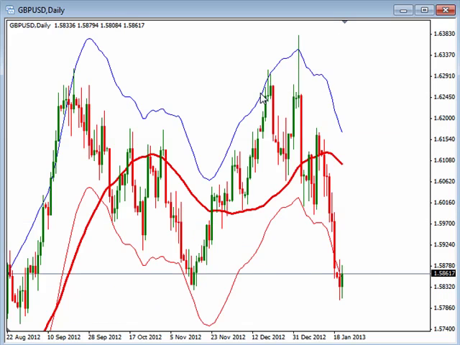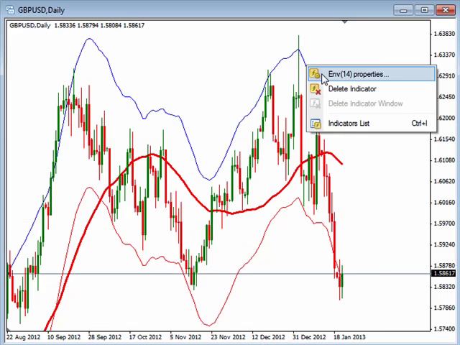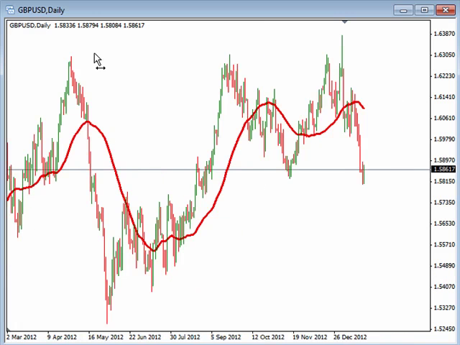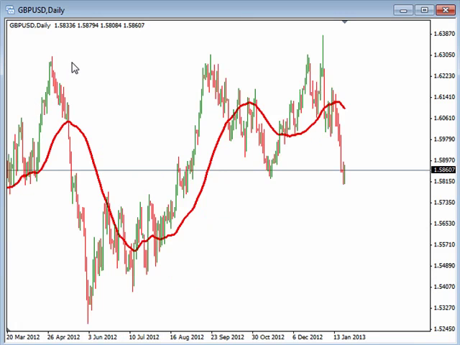Pound dollar. Go to my envelope. You can see a couple of interesting things here. As we look at the chart itself, we have a lot less in the way of direction right now.